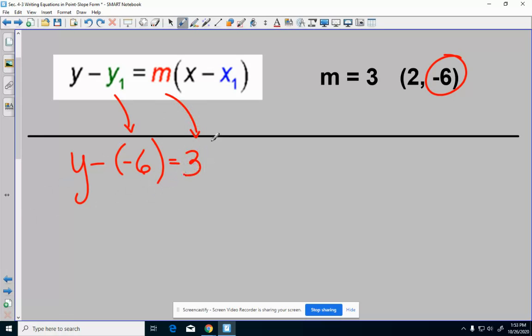The m value was a 3, and then here, x minus 2. Well, okay, look at this next point down. I would change this over to now say y plus 6, so that you recognize that you're actually going to subtract that 6 to the other side.